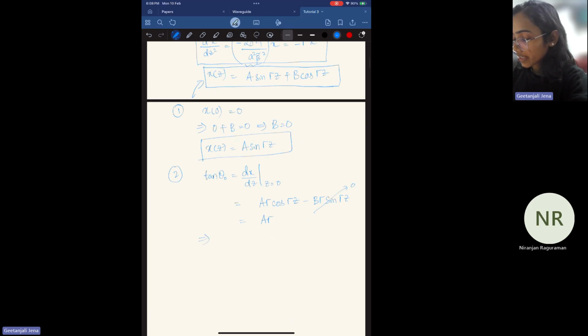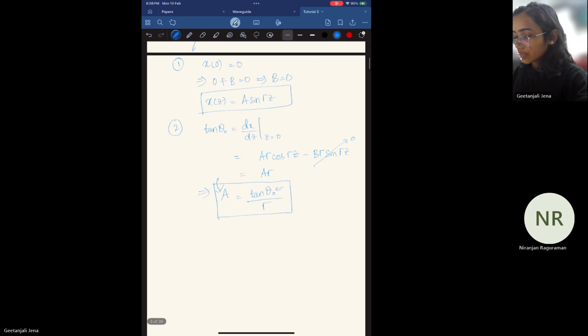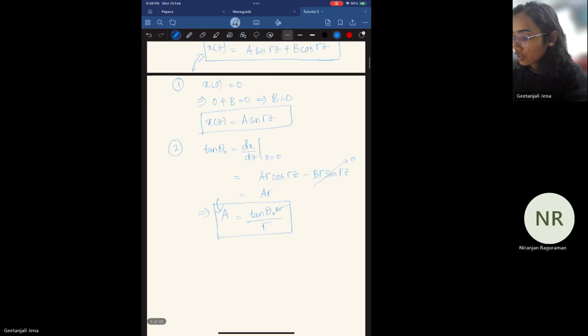So here we can find out the amplitude of the propagating ray path, which is tan theta 0 divided by gamma. Here you can see how the launching angle is related to the amplitude. So it's better to remember this relation so that you can compare the ray paths and their amplitudes.